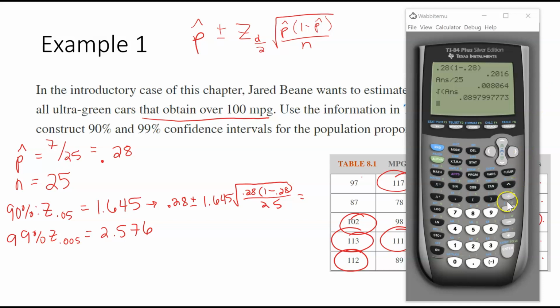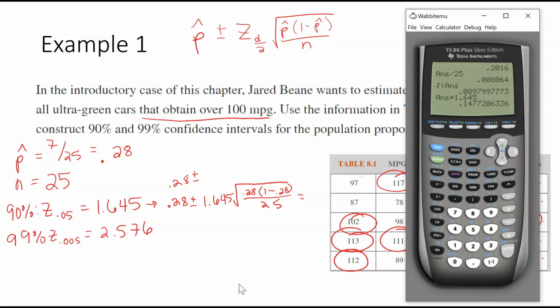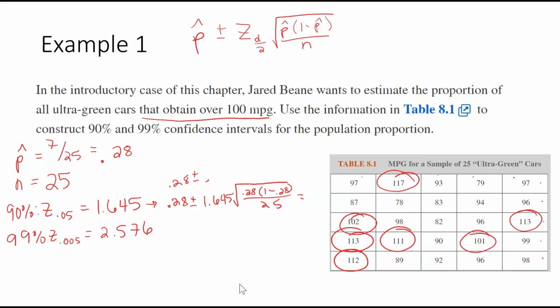To keep from having rounding errors, I multiply it by my z-value, 1.645. I end up with 0.28 plus or minus 0.148. So that's the confidence interval for the 90%. Then for the 99%, we have 0.28, and the only difference is that our z-score changes.